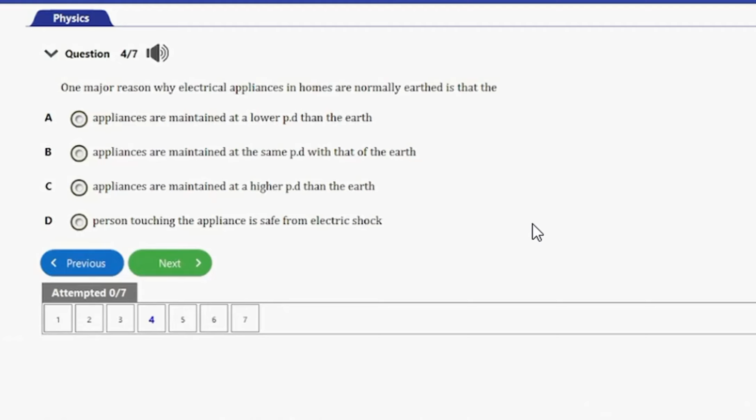D, a person touching the appliances is safe from electric shock. So guys, the answer to this question is option D here. One major reason why electrical appliances in homes are normally earthed is so that the person touching the appliances can be safe from electric shock. So that's it for this question. Let's go ahead and consider the next question, guys.